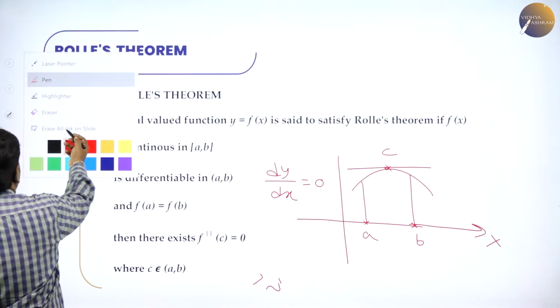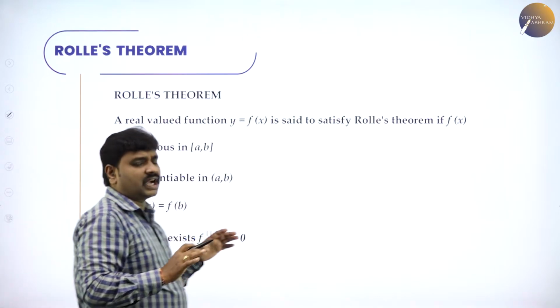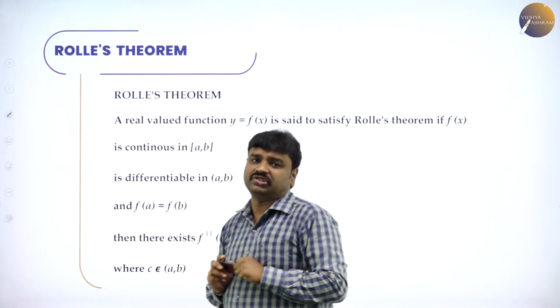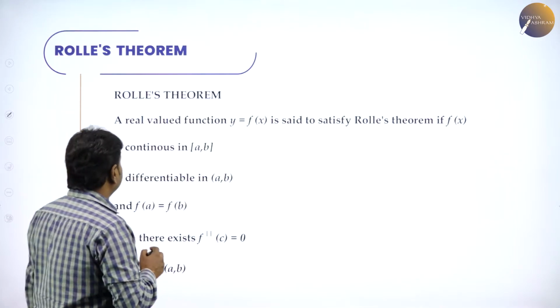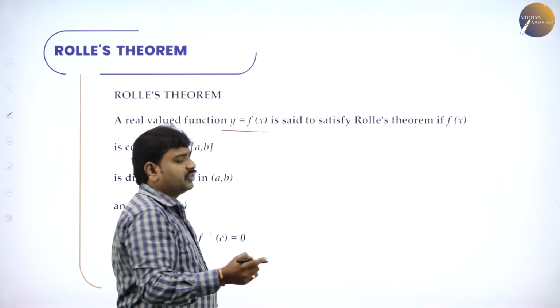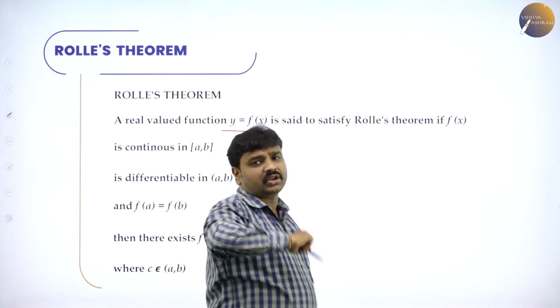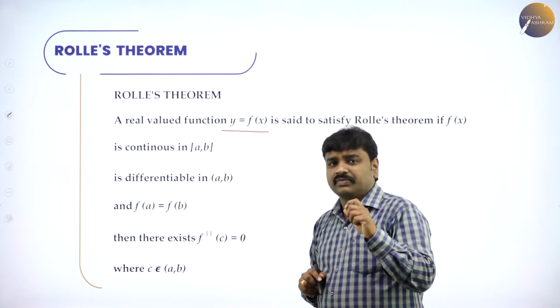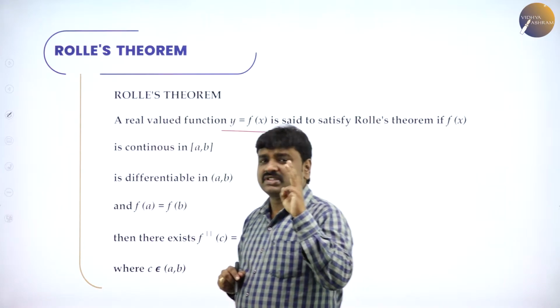But here, we don't draw the graph, we don't draw the tangent, but we use the theorems. The very first theorem is Rolle's theorem. So Rolle's theorem says that a real valued function, say y is equal to f of x, is said to satisfy Rolle's theorem if it satisfies 3 conditions.